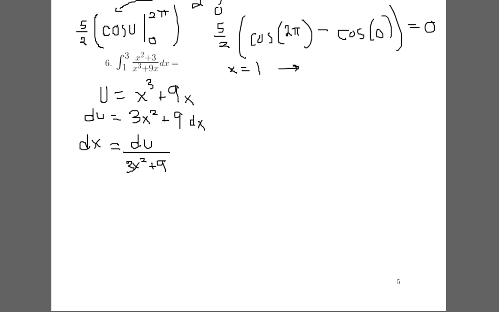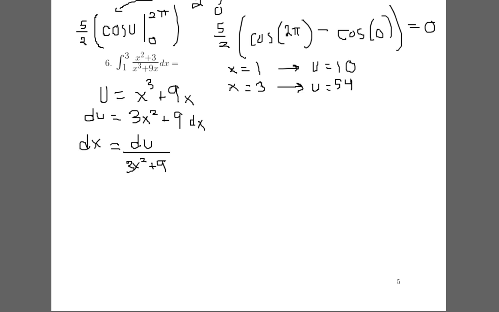So it'd be 1 plus 9, and our u will equal 10. And then our b, our second value, is 3. So we put 3 in for x in our u equation. We have 3 cubed, which is 27, plus 9 times 3, which is also 27. So we have u equals 27 plus 27, which is 54.